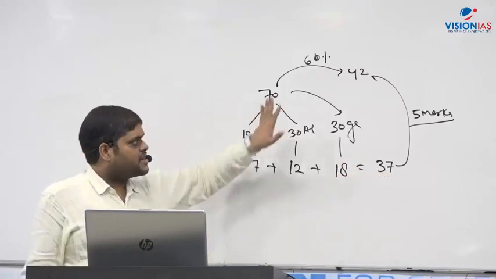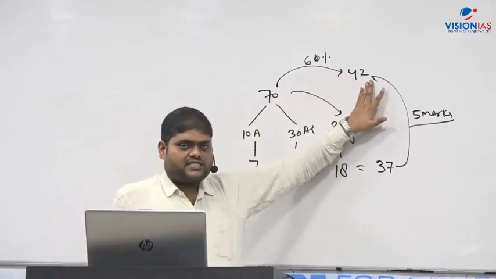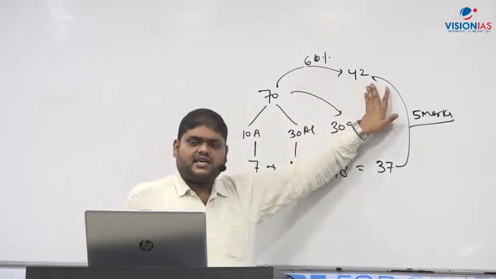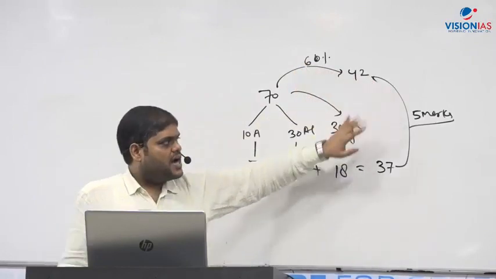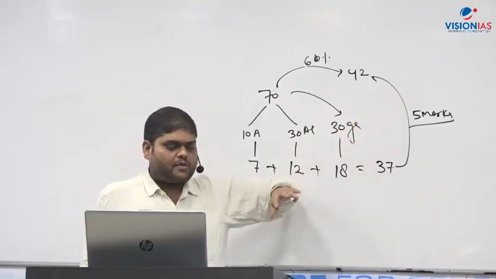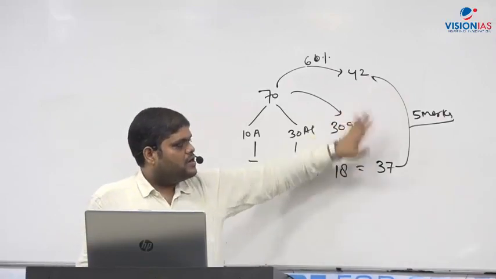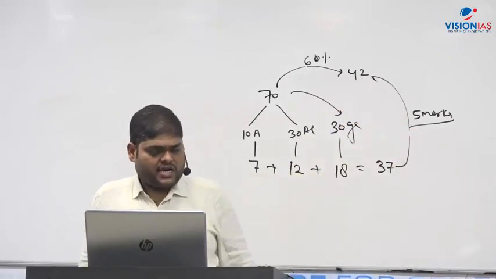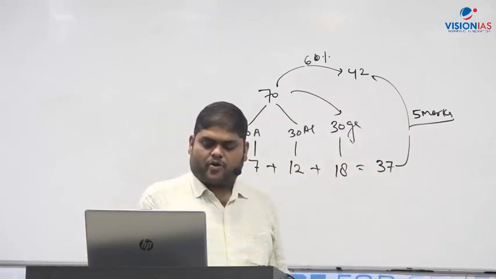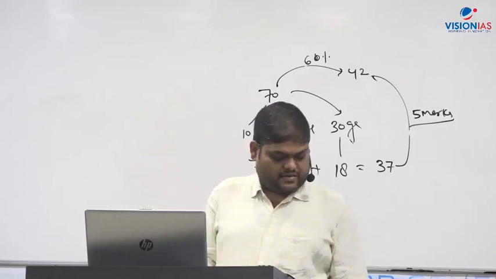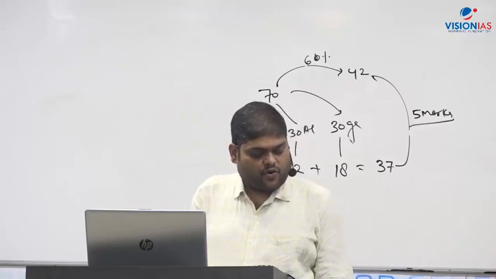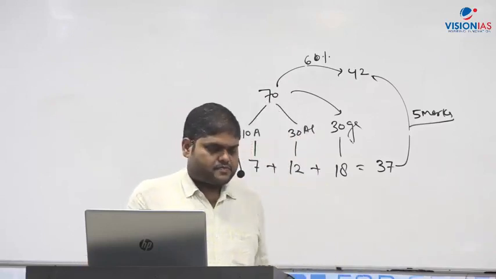But for passing, 60% marks are required. 60% means she needs 42 marks, and each question carries equal marks. So how many extra marks does she need? 5 marks extra. So again, this is a CSAT problem, and you are able to answer it easily.